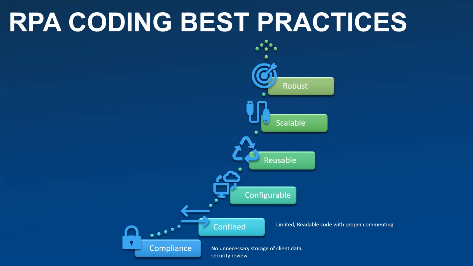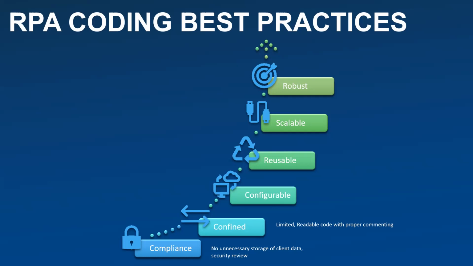It should be readable, which means that your code should have proper commenting, and while you follow the structure, another person by default knows the way of coding or what you would have followed.